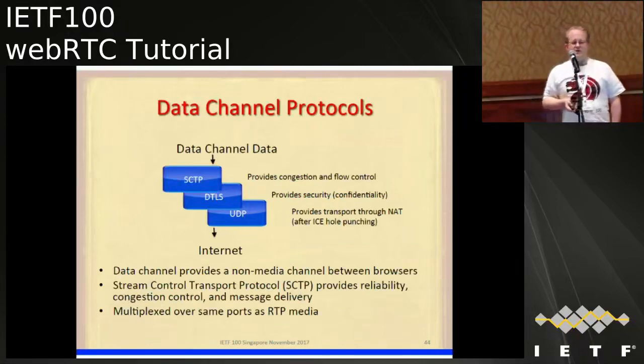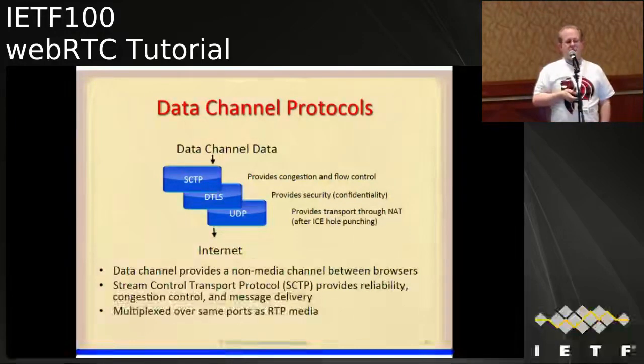So just briefly, I want to talk about the data channel. Again, it uses SCTP. Basically, the data channel, we wanted to make sure that we had congestion and flow control for an arbitrary data channel. And so that's why we use SCTP on top of DTLS and UDP. I understand that some of the design of QUIC, or at least some of the motivation for how QUIC was designed, came from experience with building the data channel in WebRTC.